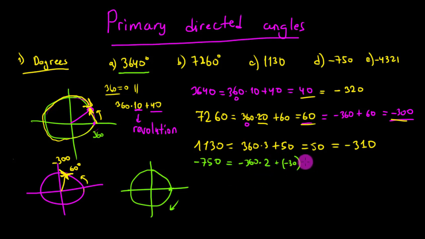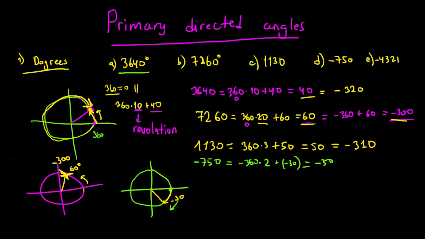So it will be equal to minus 30 degrees. It will make 1 revolution, another revolution, and then it will have minus 30. So minus 30 will be just here.